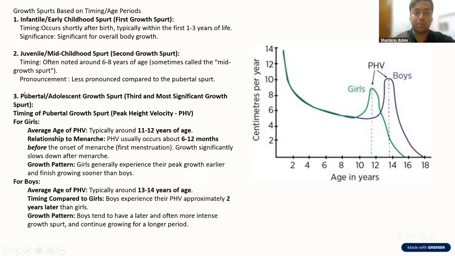So always remember this concept. The timing of peak height velocity for girls is 11 to 12 years. Of course, girls mature first. We all know that. For boys, it is 13 to 14 years. So boys experience their peak height velocity approximately 2 years after the girls.